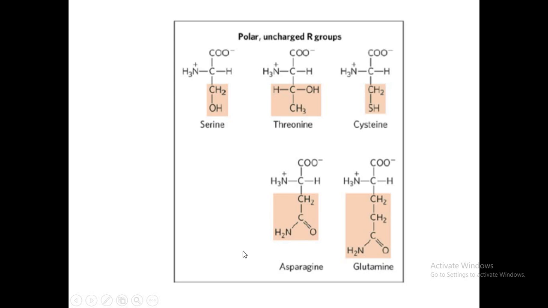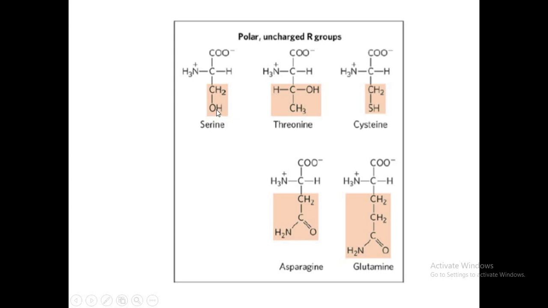So how are these polar if they do not have a positive or negative charge, or any charge? Why are they polar? Because, for example, in case of serine, we are seeing here that serine has a hydroxyl group.